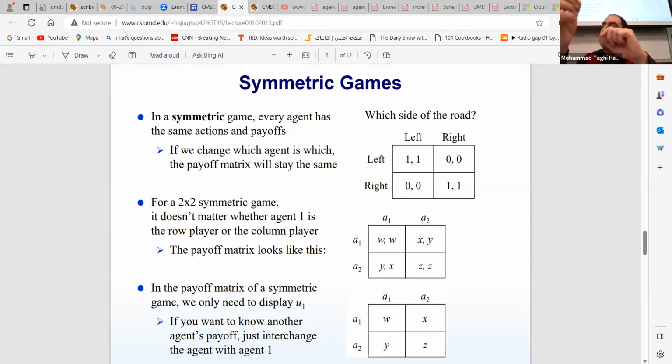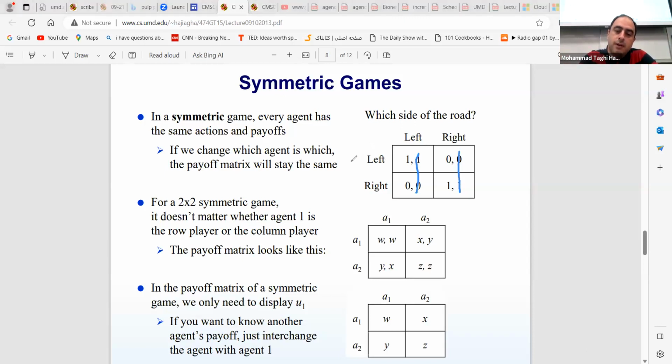So in some sense, the players in this case don't need to have a label. You can change their label and still the payoff will be the same. So let's see an example. For example, if you consider which side of the road. Here, you don't need to have all of these things.